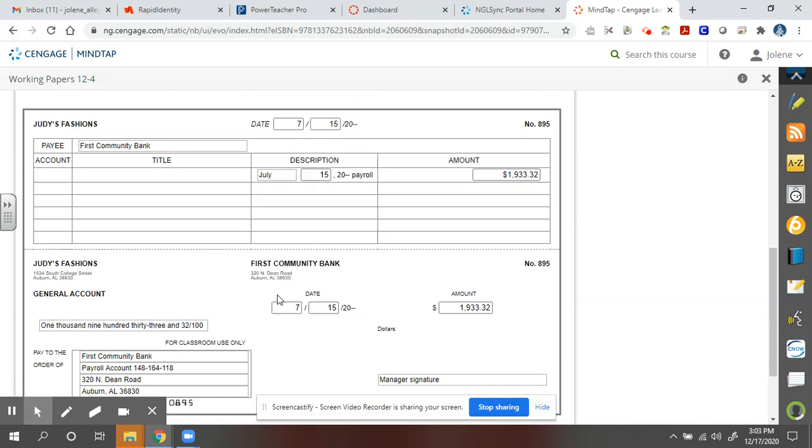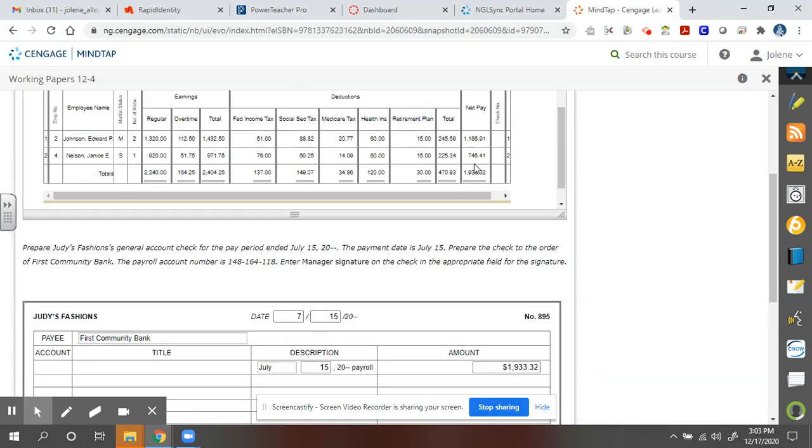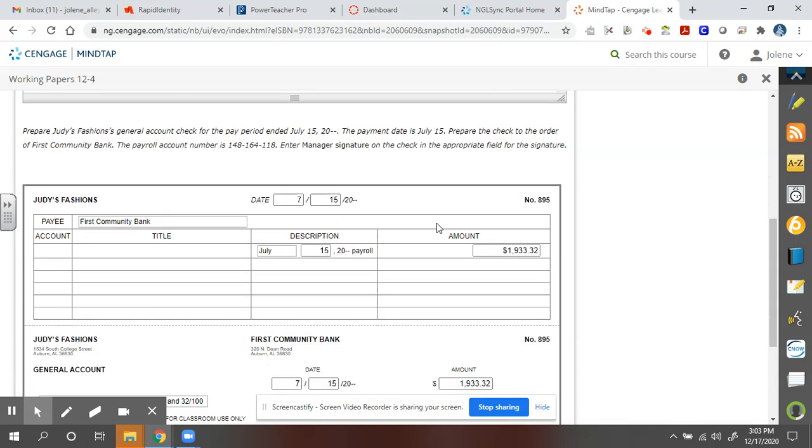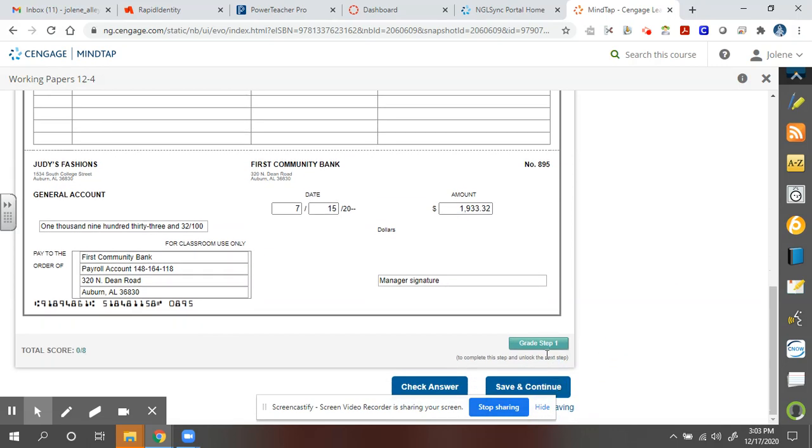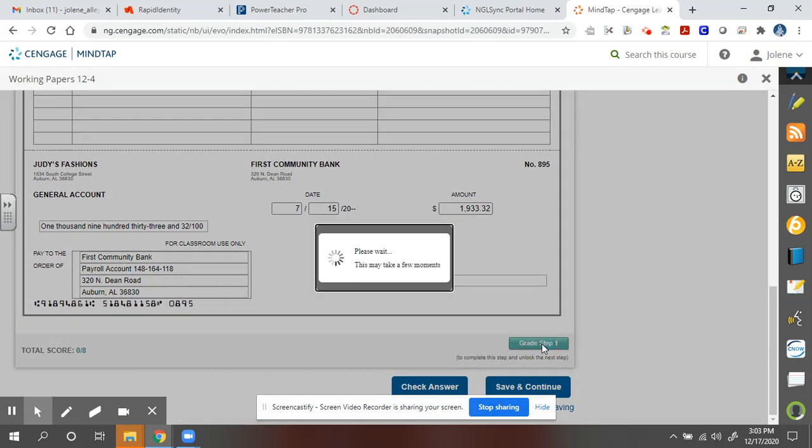All we've done is take this dollar amount from the payroll register for net pay, that's take-home pay, and we wrote a check to the bank, taking this amount of money out of the general account and putting it into the payroll account, so that they can pay their employees.